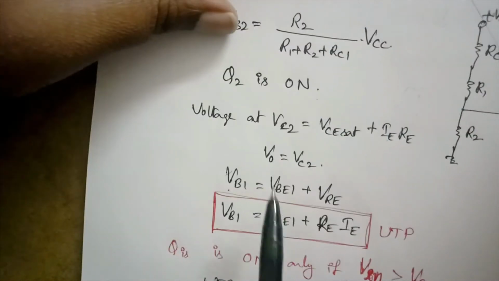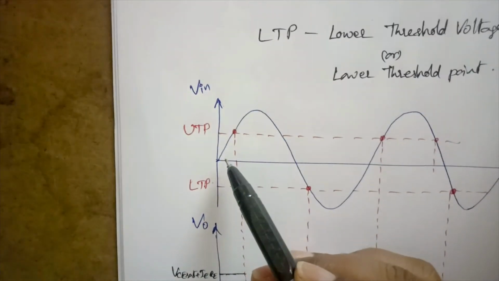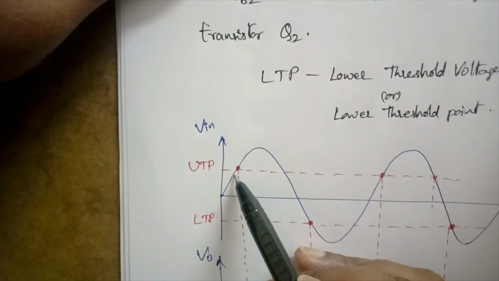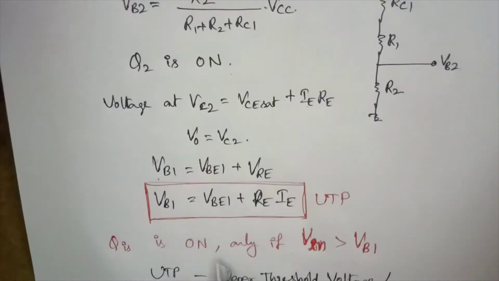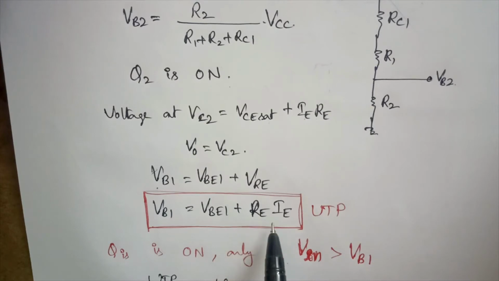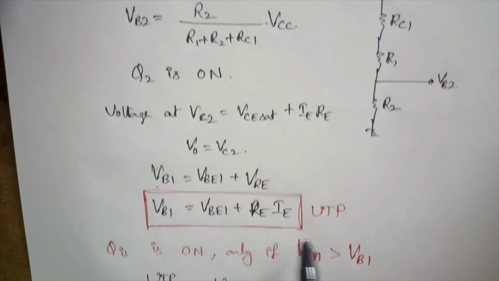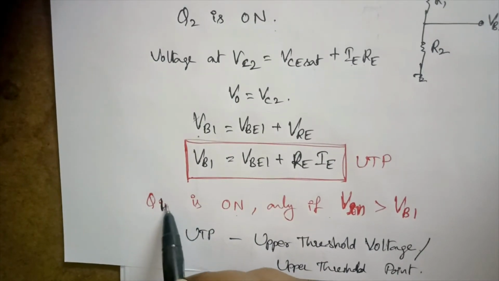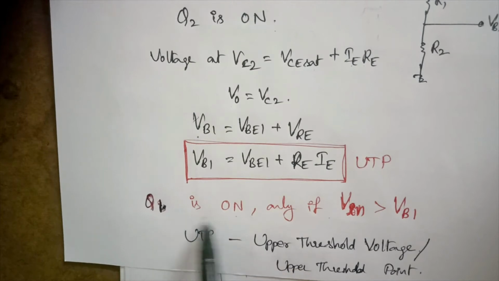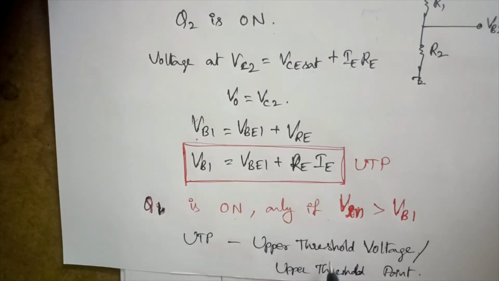Now what happened? When the input voltage is above the UTP value. What is the UTP value? VBE1 plus IERE. When it reaches this value, the Q1 becomes on. At this moment automatically Q2 is off.